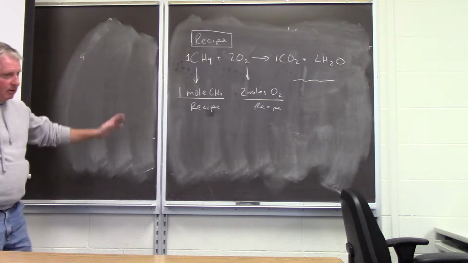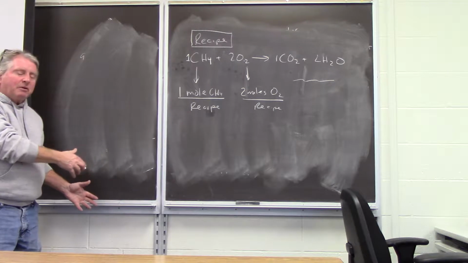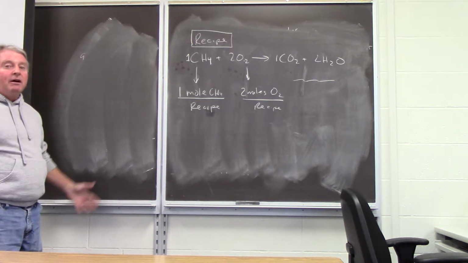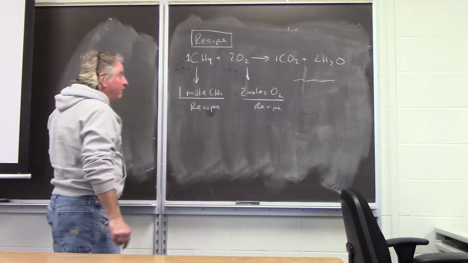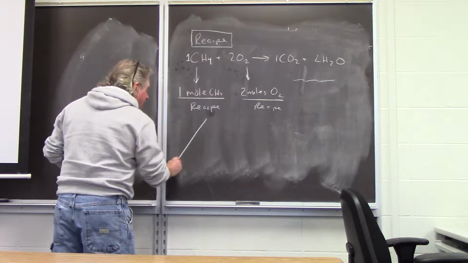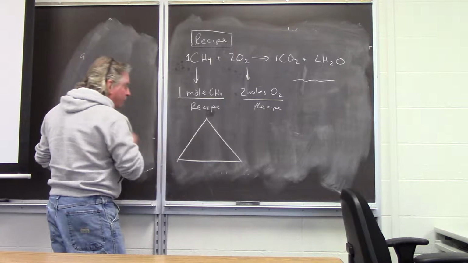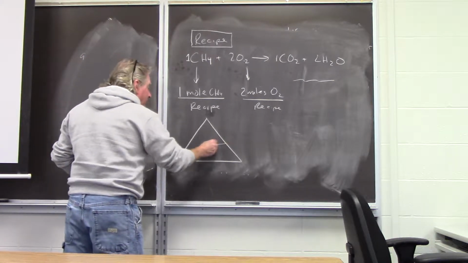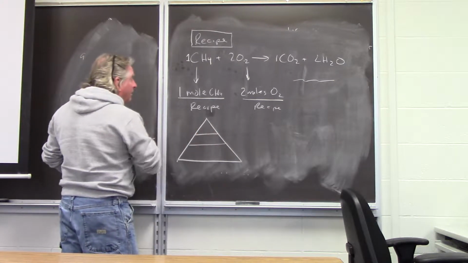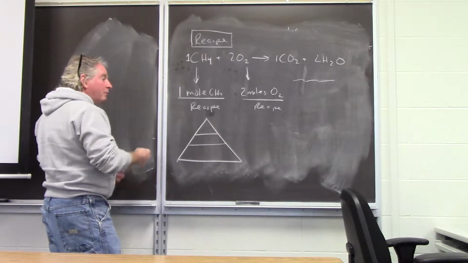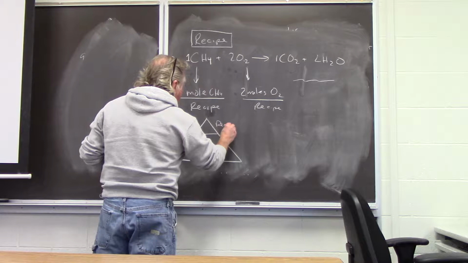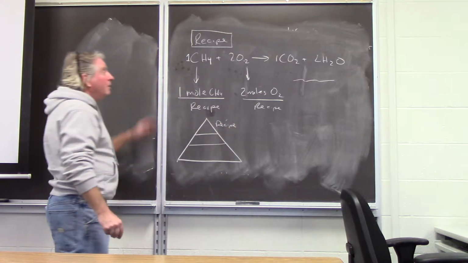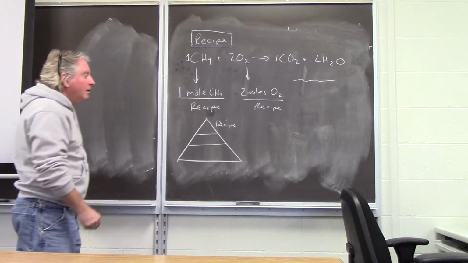All right, if you look, what do we have here? We have another grouping triangle. In fact, we have 4 of them. This one right here, I'll just do it for methane right now. So what are we going to group into? The groups are the recipes, or the whole equation.